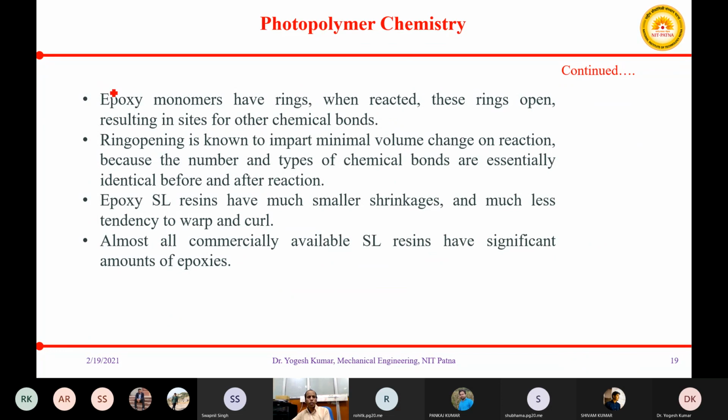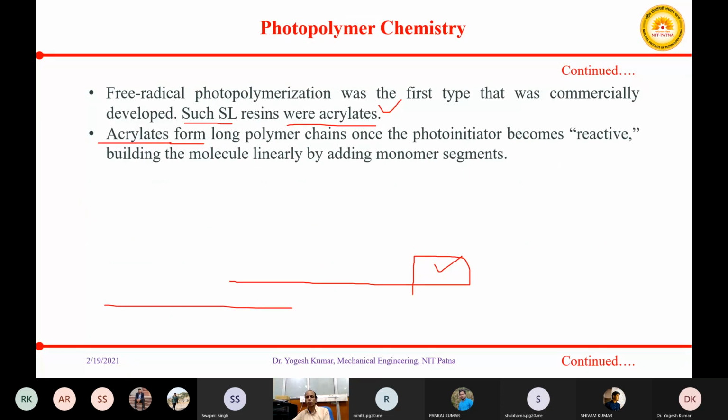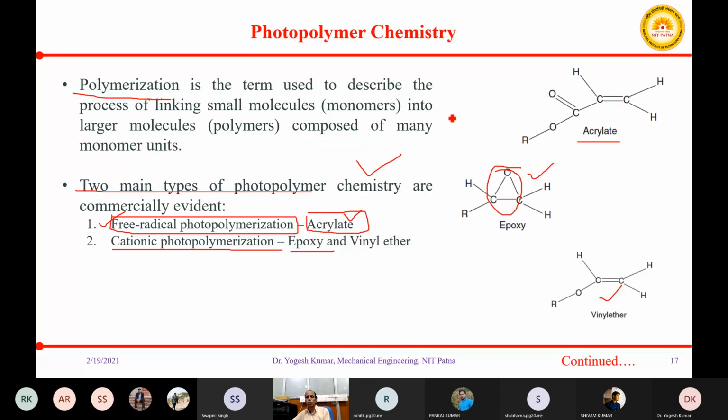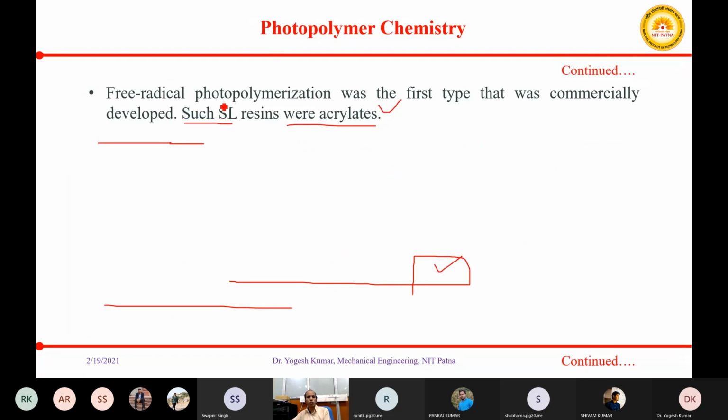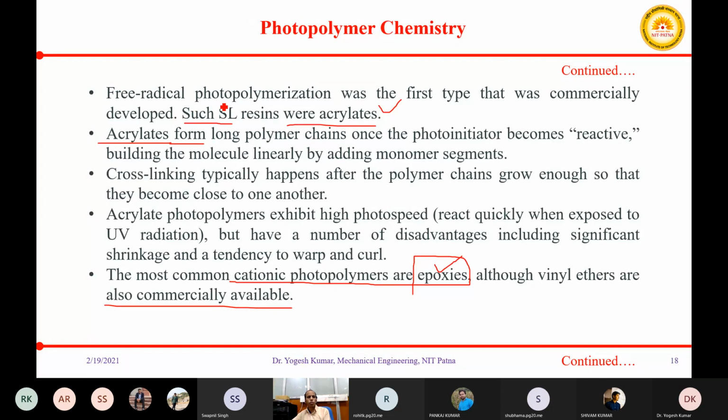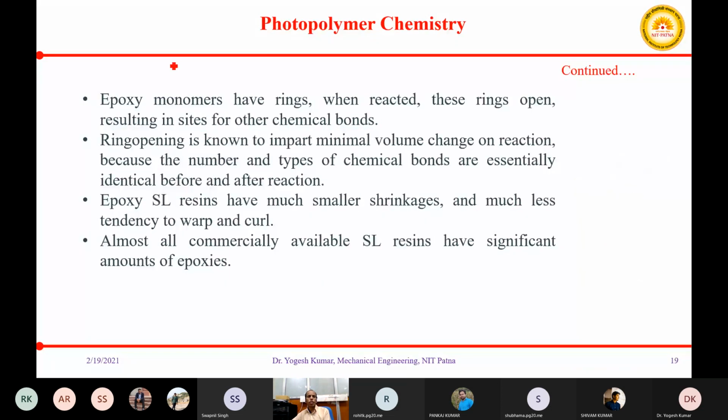So moving ahead, epoxy monomers have a ring, as I showed in this figure. These epoxy resins have a ring. The epoxy monomers have rings, and when reacted, these rings open, resulting in sites for other chemical bonds.